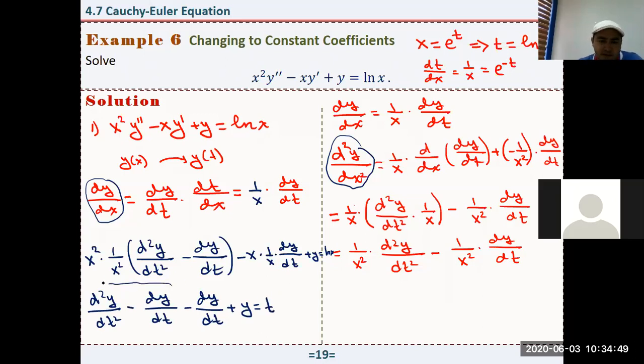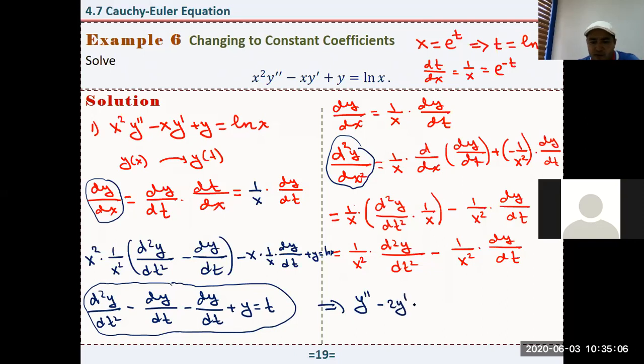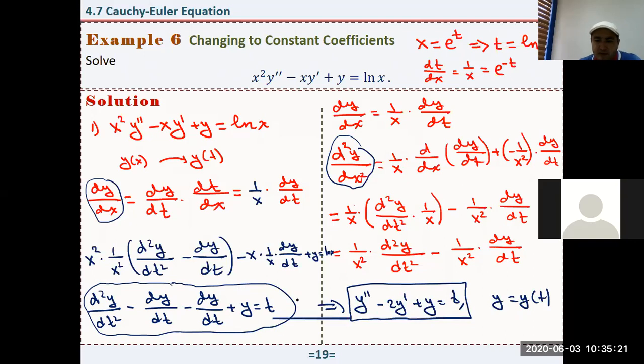Now, what we got here, the differential equation, I can simplify this more: y double prime minus 2y prime plus y is equal to t. Here, y is a function of t. As you see here, the Cauchy Euler equation is converted into a differential equation whose coefficients are constant.